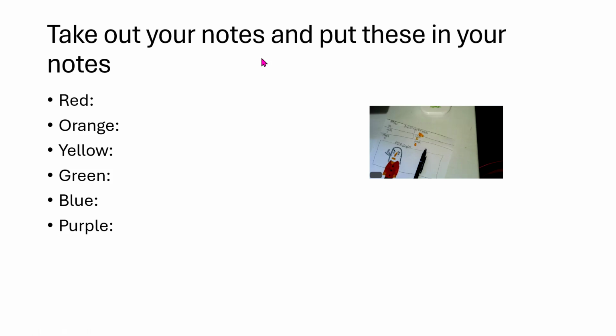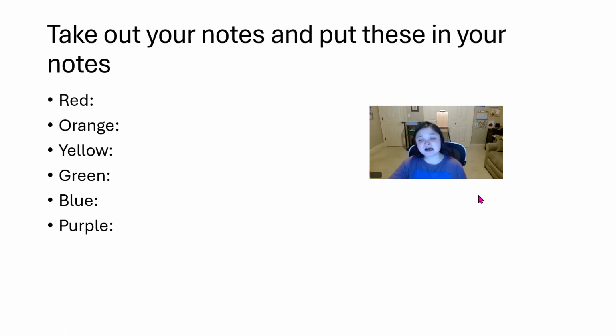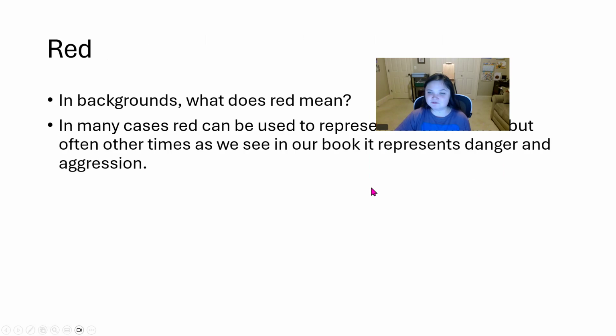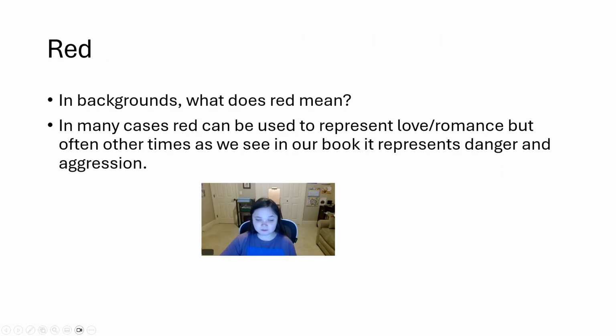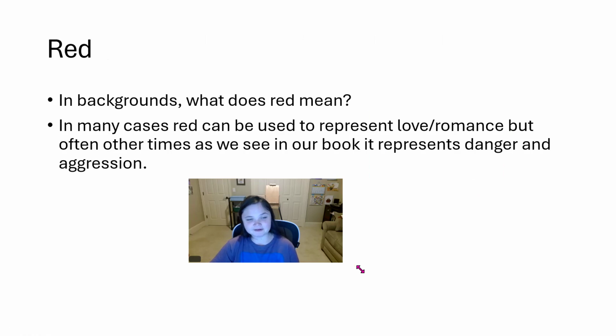Alrighty. So as I'm going over the colors, write 2 words that I show for each color in your notes. As long as you have 2 or 3 words, you're fine. And I apologize if this video seems long. I know it is because we're covering a lot of stuff today. All right.